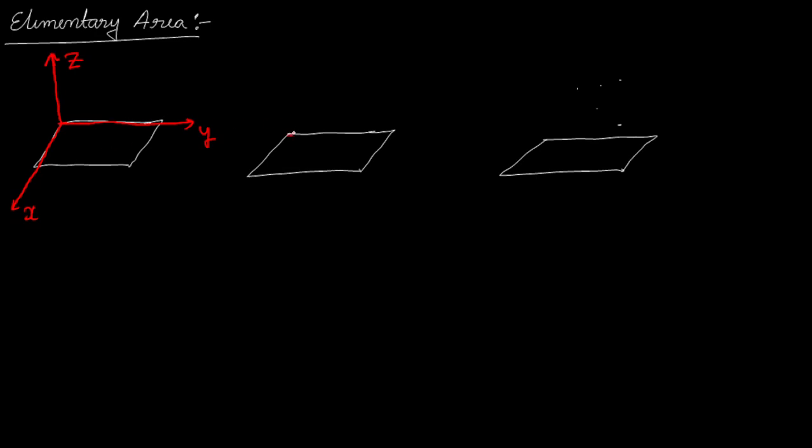And then for this plane, let me draw the coordinate system like this. Let's say this is the yz plane, so y, z, and this will be x. You can see here y and z will be variable and x will be constant over this surface.